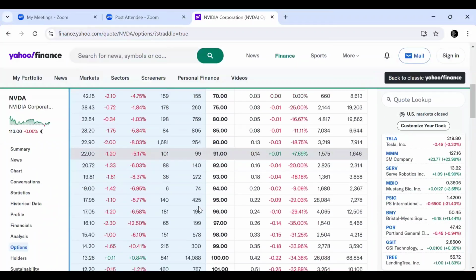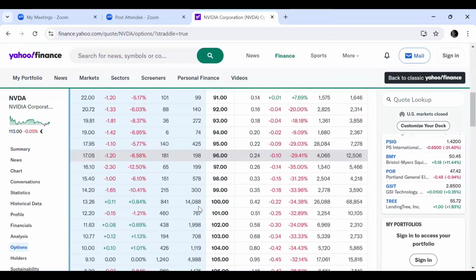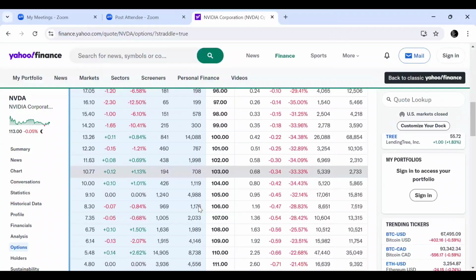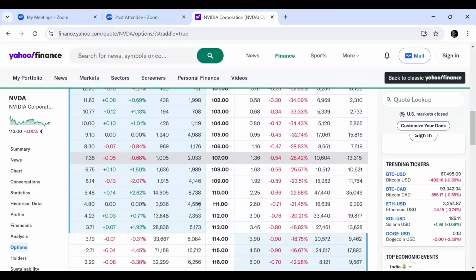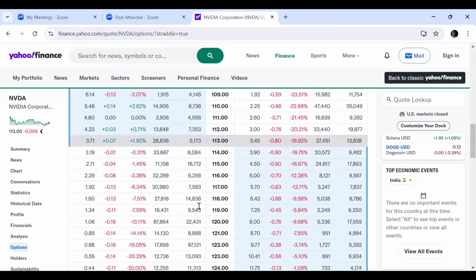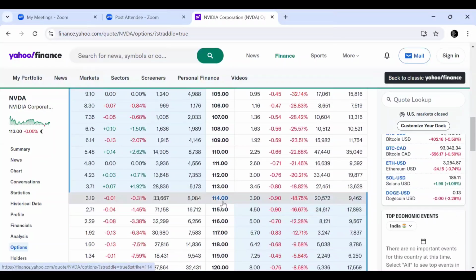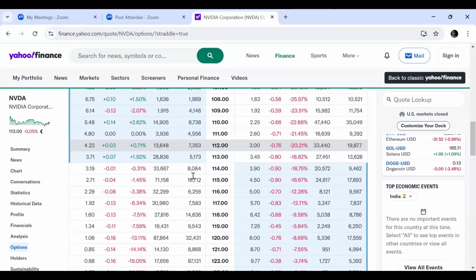It will not happen like I'm investing $113 now and it will become zero, or it will double or triple. It will not happen overnight in the stock market. The price of the stock will rise according to a range. So to understand its range, we will look at the contracts.